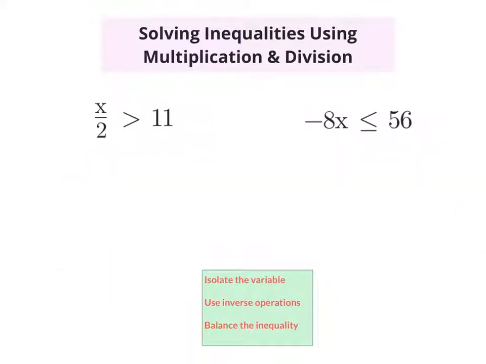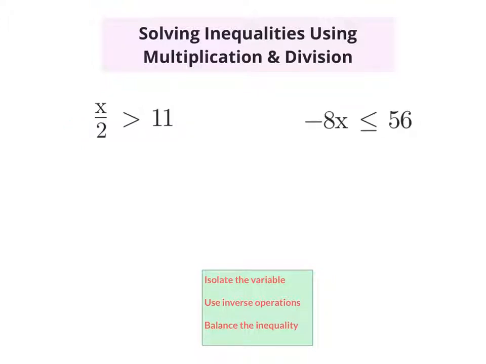Now we're going to look at solving inequalities using multiplication and division. In my first example, I have x divided by 2 is greater than 11. The operation going on the side of the inequality with the variable is division, and we undo division with multiplication.